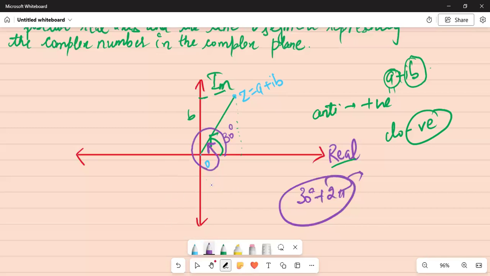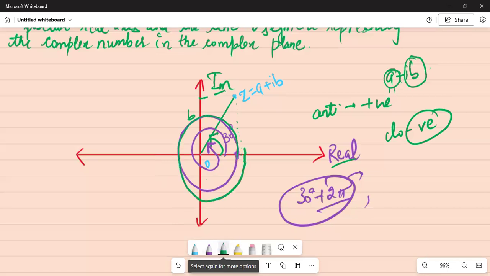If you complete 2 complete rotations in the anti-clockwise direction, it will be 30 degrees plus 4 pi. So your arguments can be infinite.